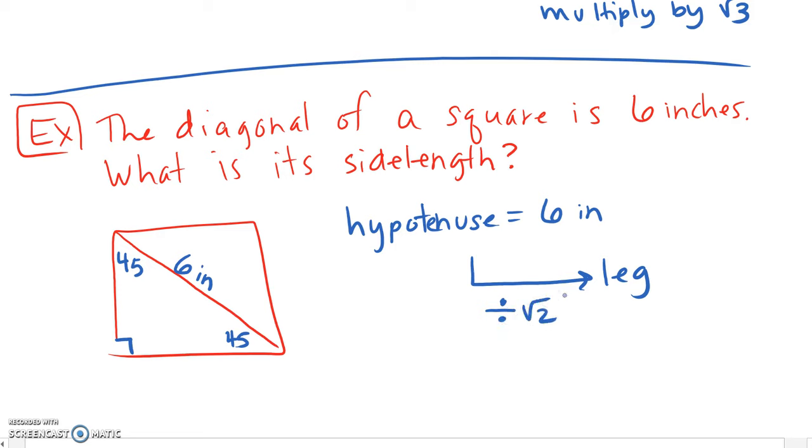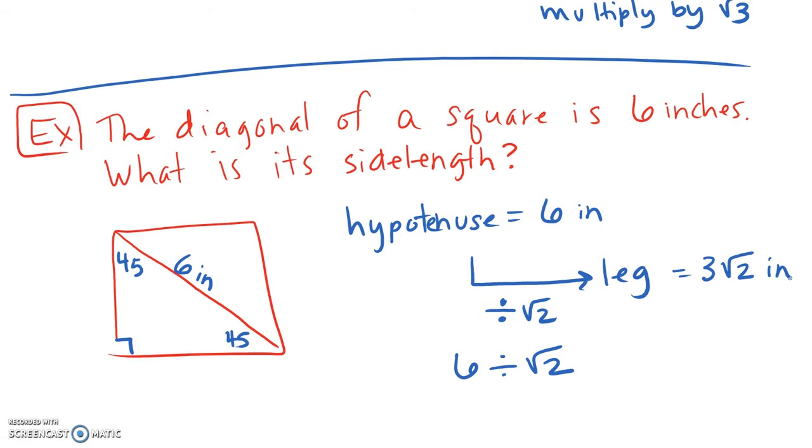You just look that up off the front if you don't remember. So 6 divided by root 2, you can stick that in your calculator, and it is 3 root 2 inches. Obviously that would be difficult to measure out on a ruler, which is why you have that button in your calculator to turn that into a decimal.